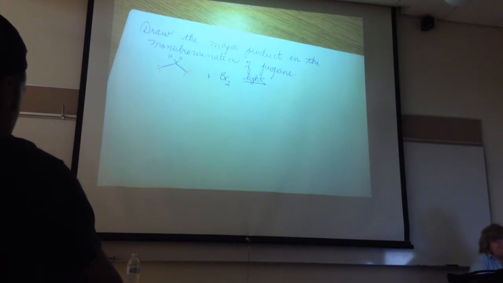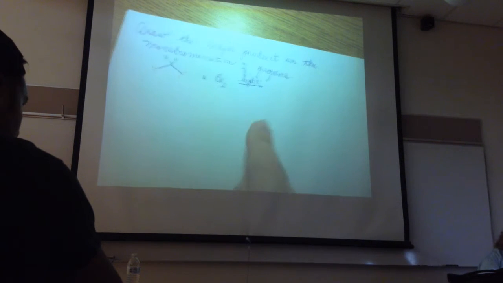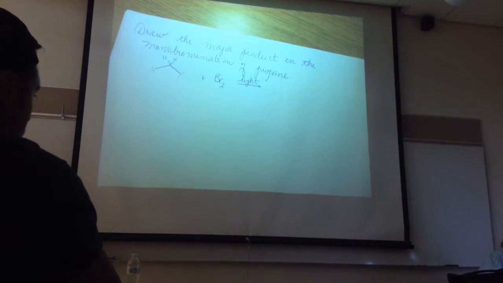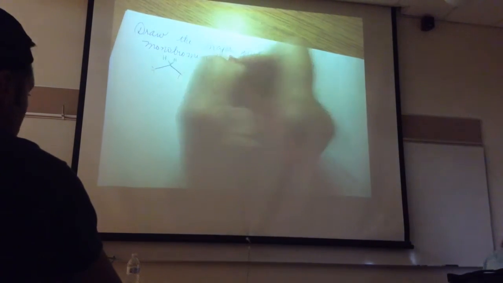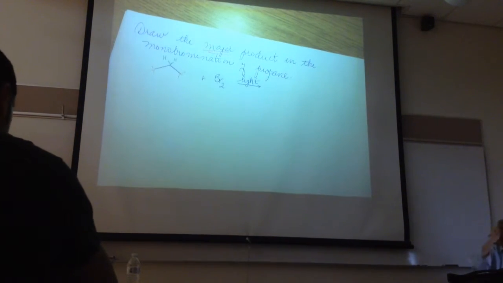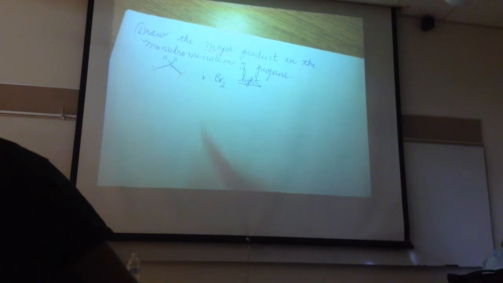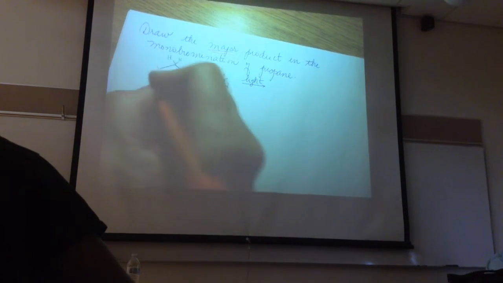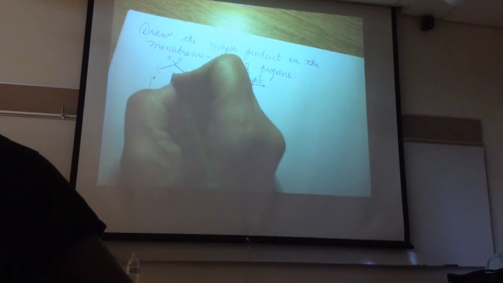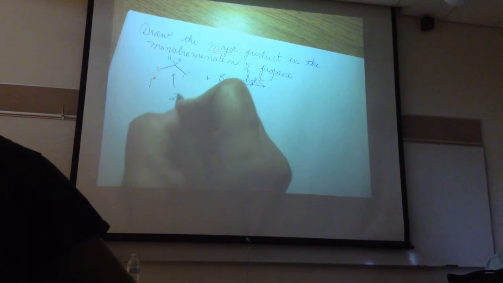So when we finish this, and I say draw the major product, my expectation is that you know equivalent hydrogens, that you know primary versus secondary, right? So everybody's seeing all that I'm expecting people to know in order to answer this.